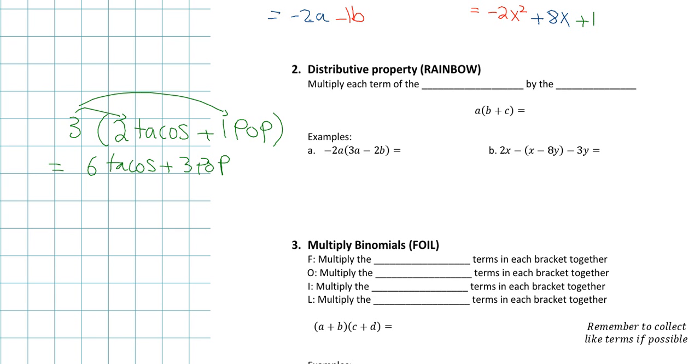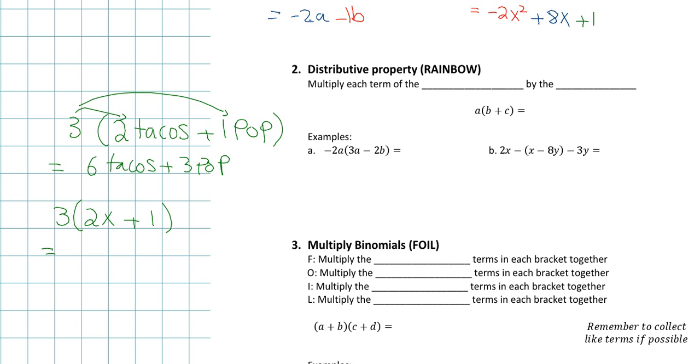So it's the same thing if you have, instead of tacos and pop, if you have A's and B's, or X's and Y's, or whatever letters you want to use. Okay? So if I have, for example, 3 times 2x plus 1, if I want to expand this, if I want to simplify this, what would it be? 6x plus 3.